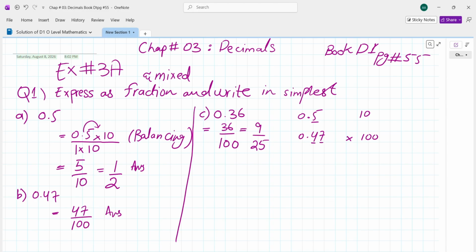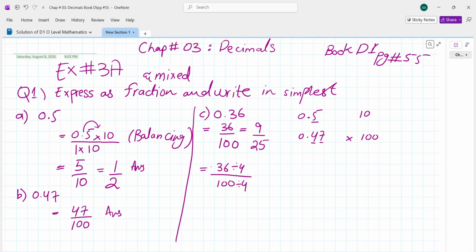There is a common factor in both terms, that is 4. So 36 is divided by 4, and in the same way 100 is divided by 4.